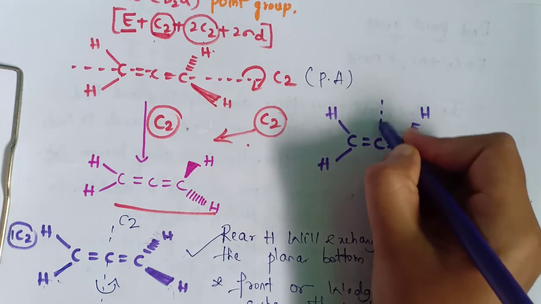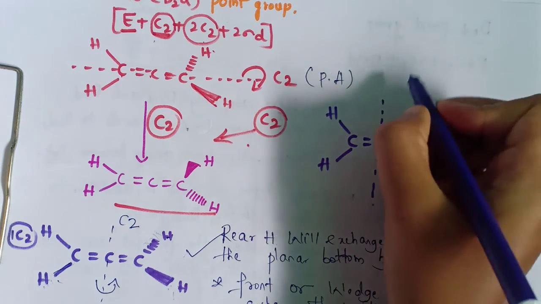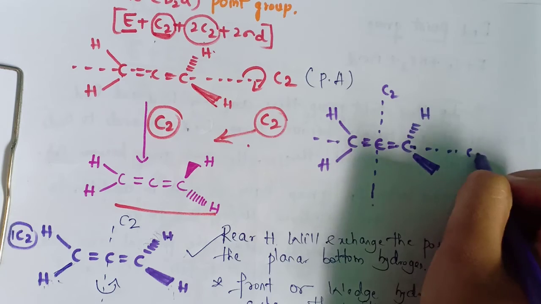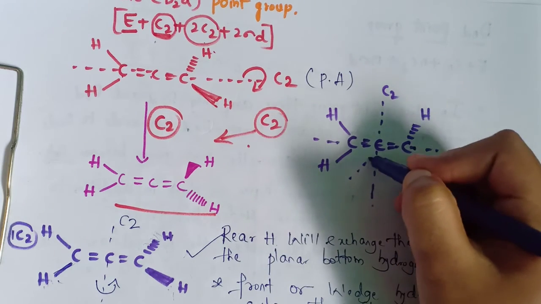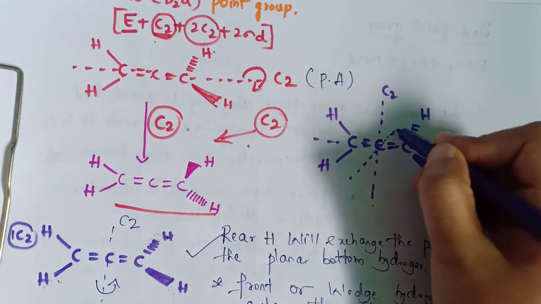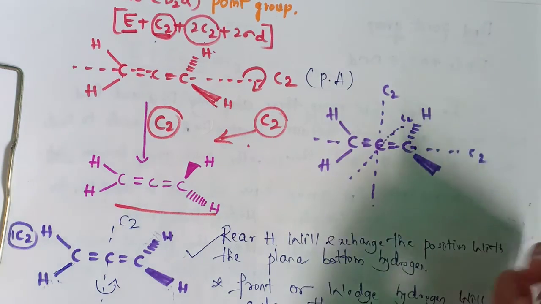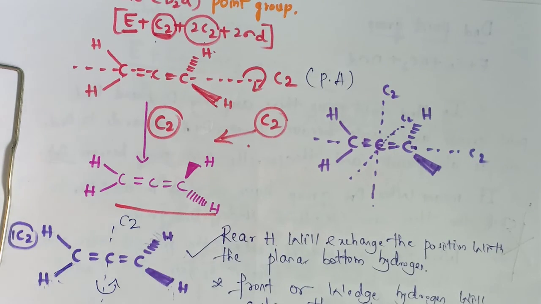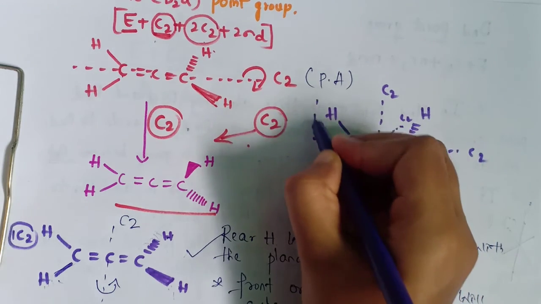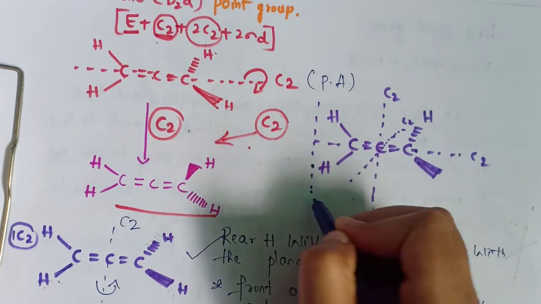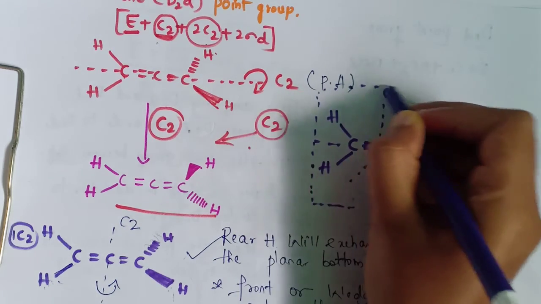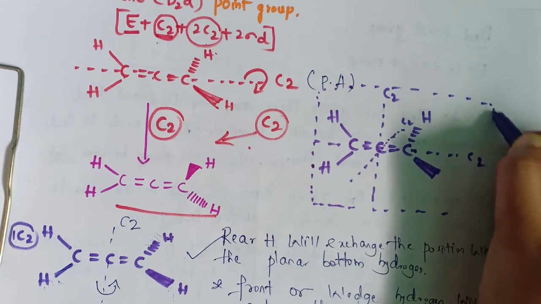See, here is the C2 axis and another one is here, and the other one is passing like this from the center. Okay, another C2 is like this. See, one diagonal plane is like this. I will write it here. See, this is the plane, one of the diagonal planes.